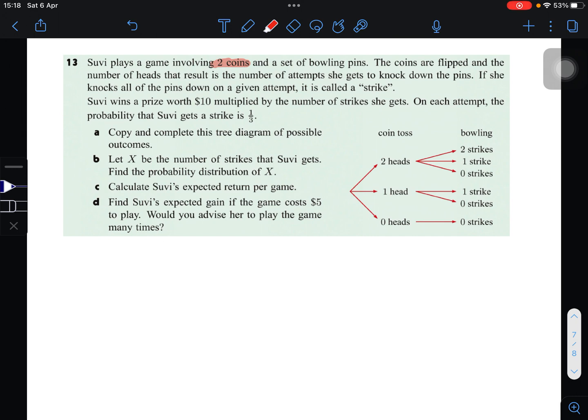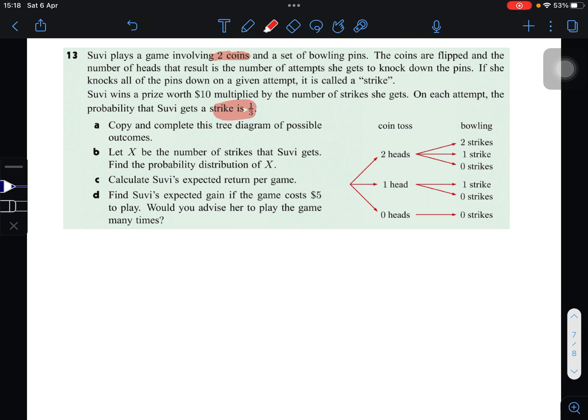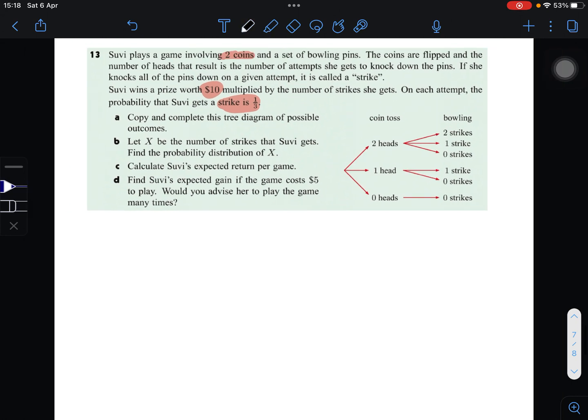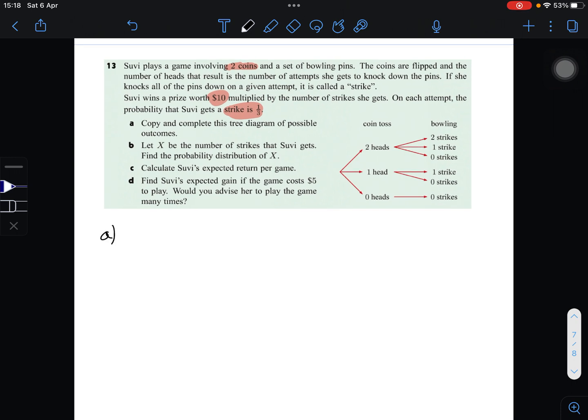On each attempt, the probability that Suvi gets a strike is 1/3. Okay, that's probably key as well. $10 prize, I'm not sure we're going to use that, but we might. Okay, copy and complete the table diagram. Okay, well we can do that. So let's see where we go.